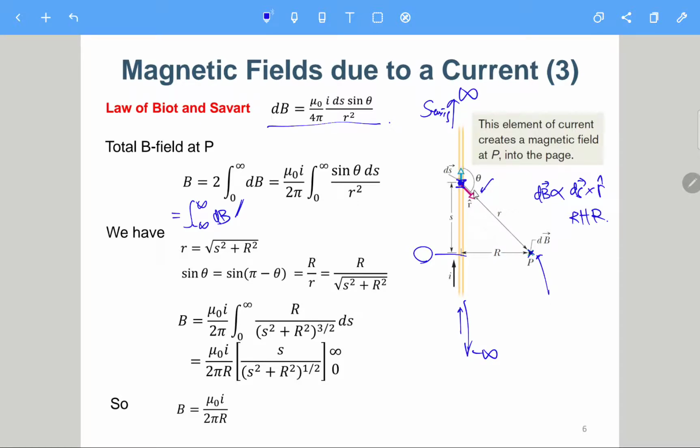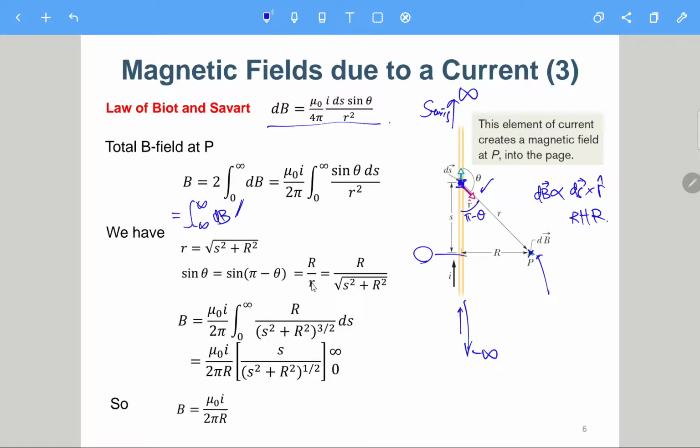This is theta, the angle between ds and r, so actually this is pi minus theta. But for sine, these two angles give the same value. So sine theta is capital R over small r.